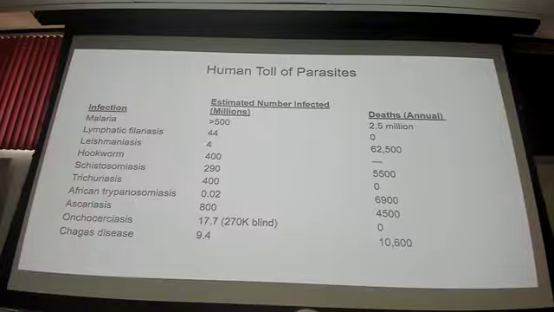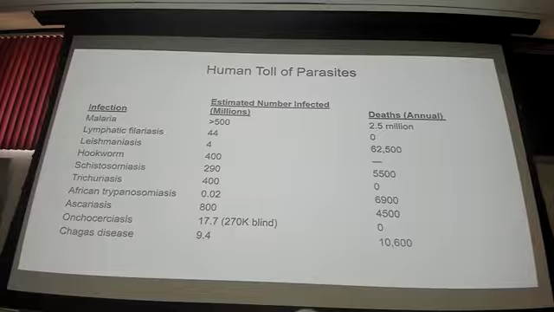Lots of stuff. In terms of the toll on the human population, malaria is one of the big three. We talked about the others, tuberculosis and HIV. So malaria is right up there. These estimates are pretty high. I've seen lower sources, and we are making progress in reducing the number of cases of malaria and the number of deaths.